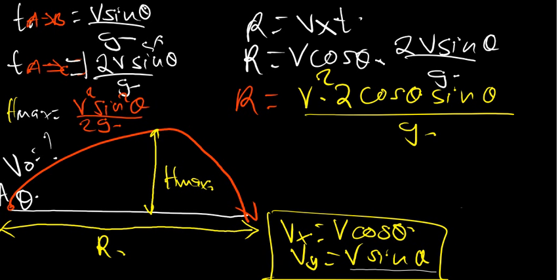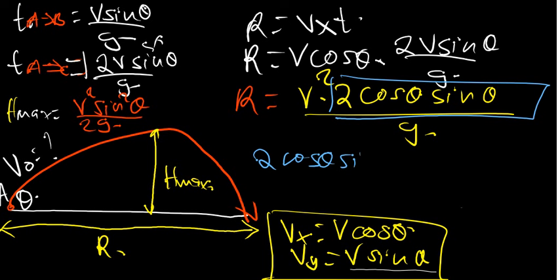Now, this part here is a trig function. If you have 2 cos theta times sine theta, this is the same as sine 2 theta.